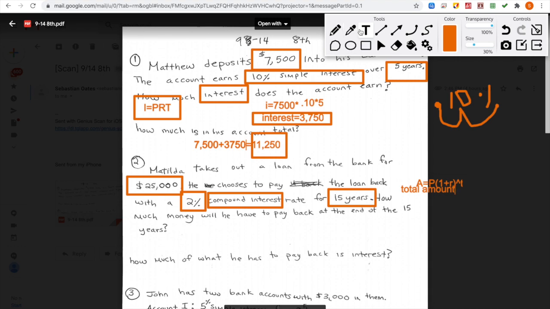So we're going to go ahead and enter this into our formula. We're going to replace it. We're going to have A equals, our principal is $25,000. 1 plus our rate. Remember, we're going to start at 2% and we're going to move it over. So over 1 over 2 should be 0.02.